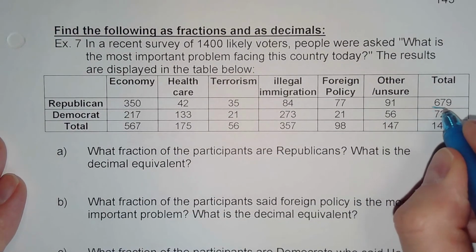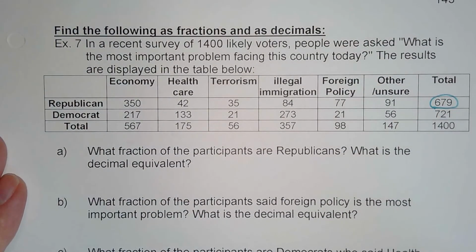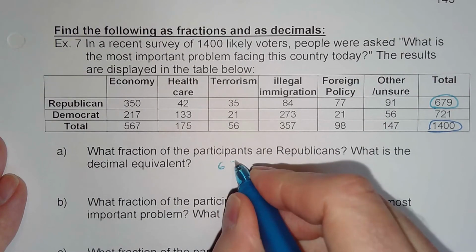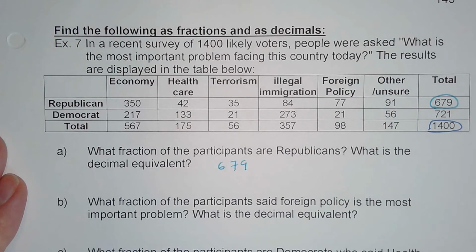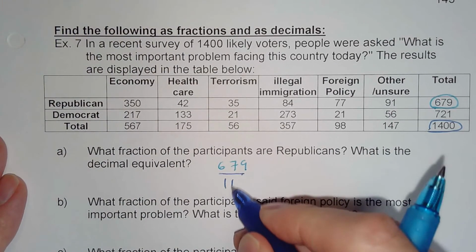Well, we have 679 Republicans. Our total here is 1,400. So we're going to put 679 over 1,400.